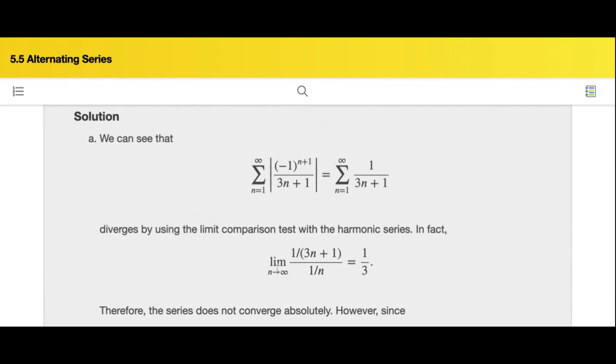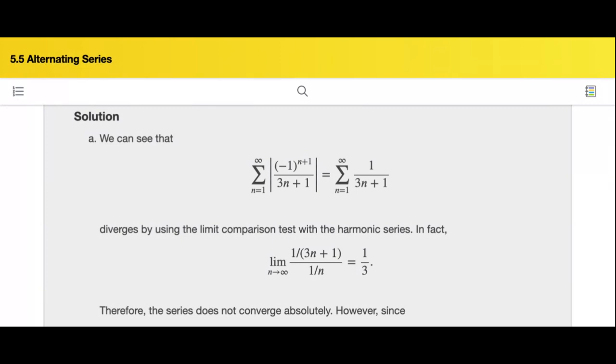Using the limit comparison test, we get a value of 1 over 3, right? So if the limit of the ratio equals a finite number, not 0, we see the two series are related.